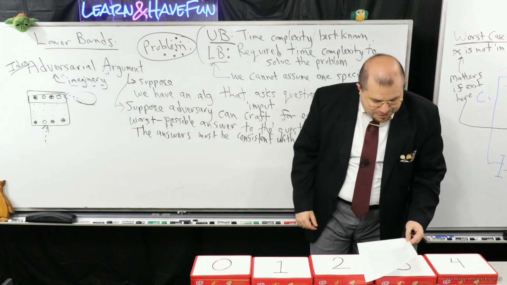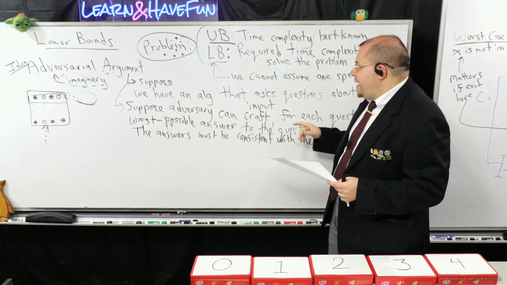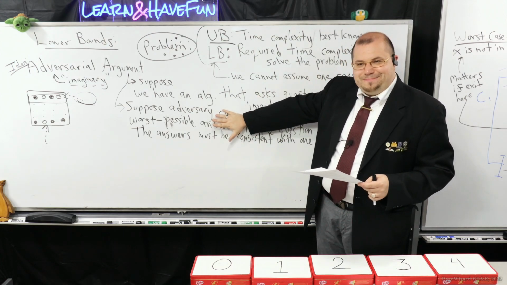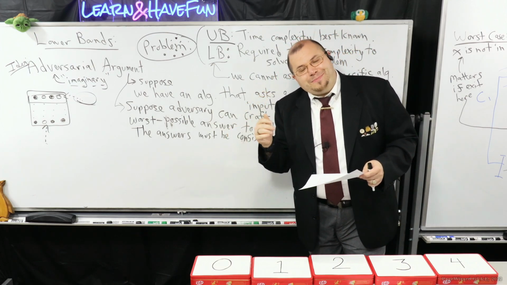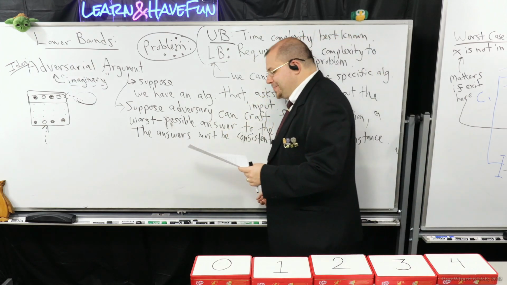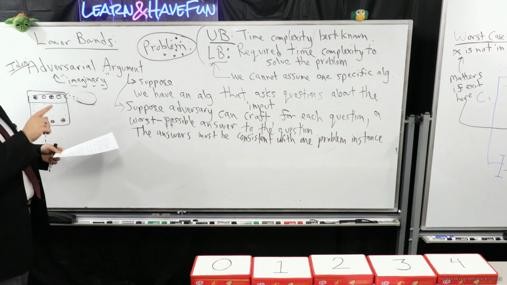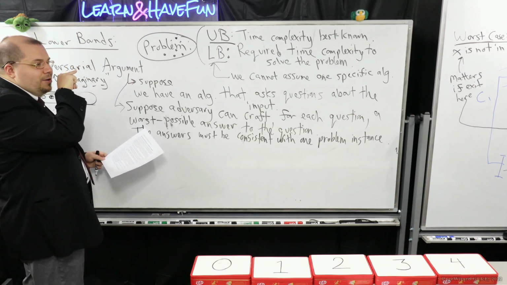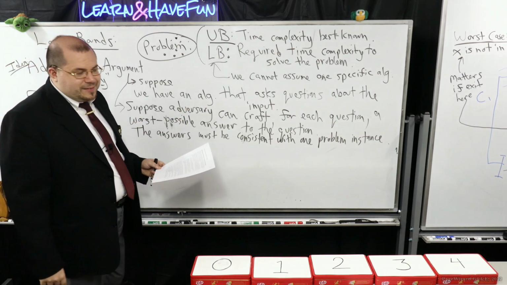So this is a little abstract at first, but here's the idea. The adversary is going to build an instance, and then you look at what this instance does, regardless of what the algorithm is. The whole idea is that this adversary is going to be malicious. It's going to try to cause the algorithm to perform as many guesses as possible in the worst case.